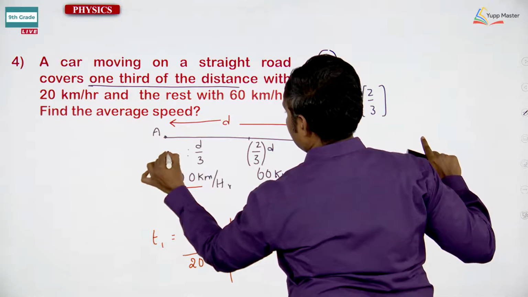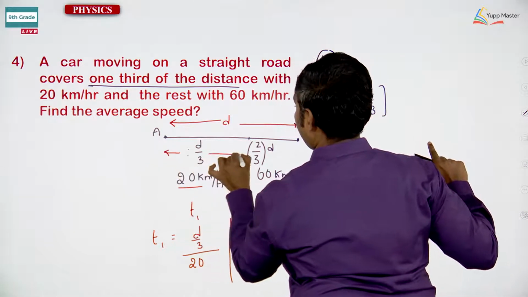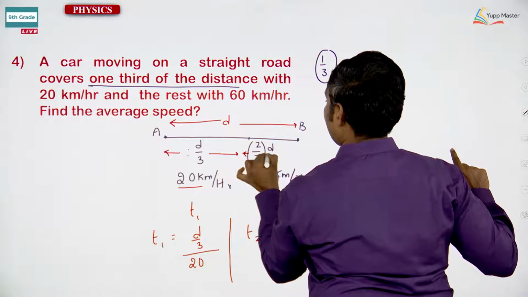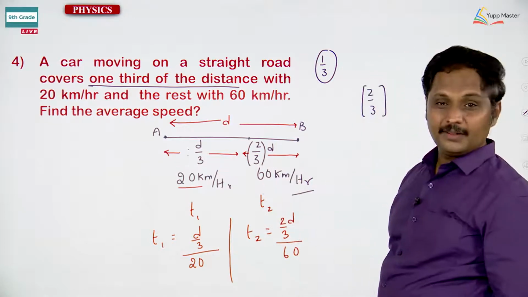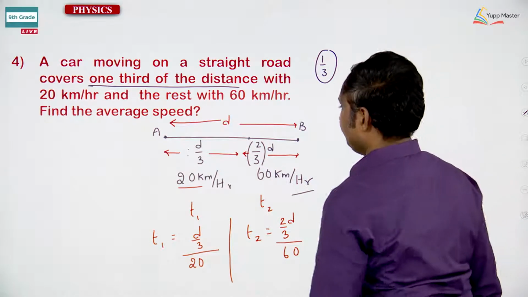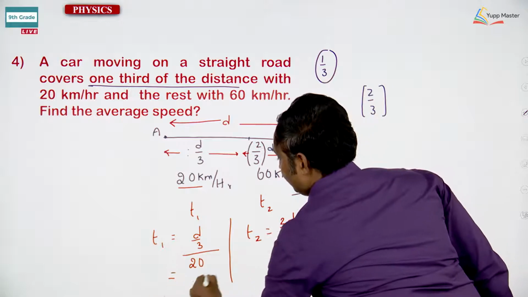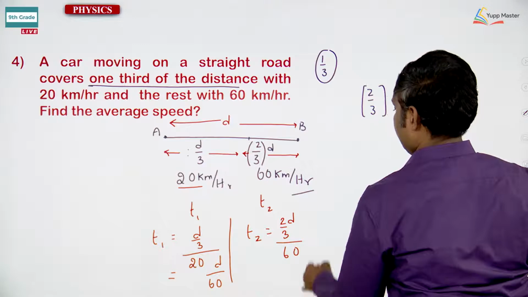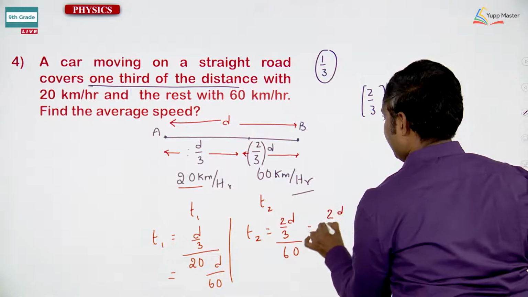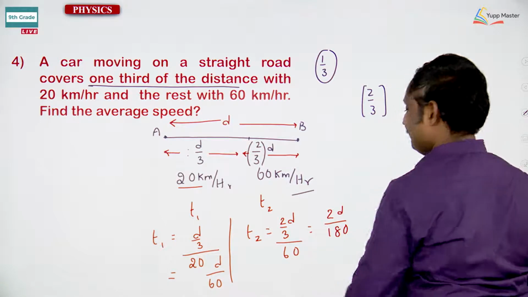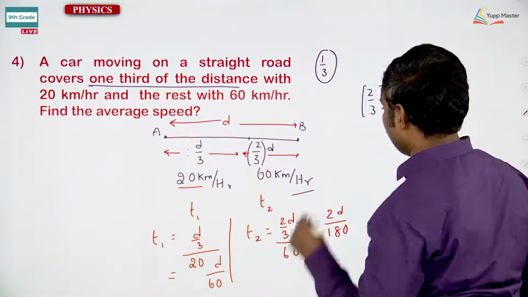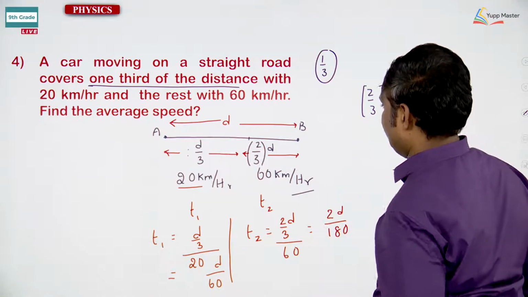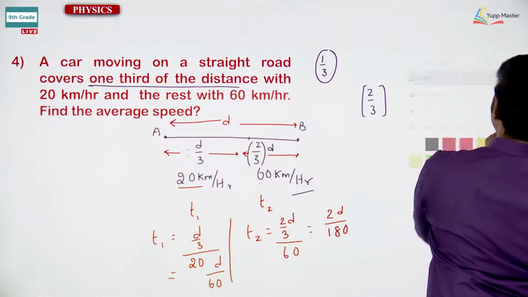That is the first one. It is very clear, you can easily understand that. Now you can take d by 60 here, 2d by 180. Let's take the calculations.